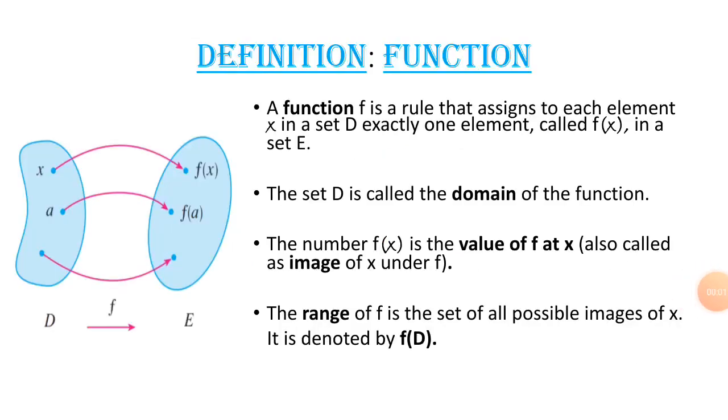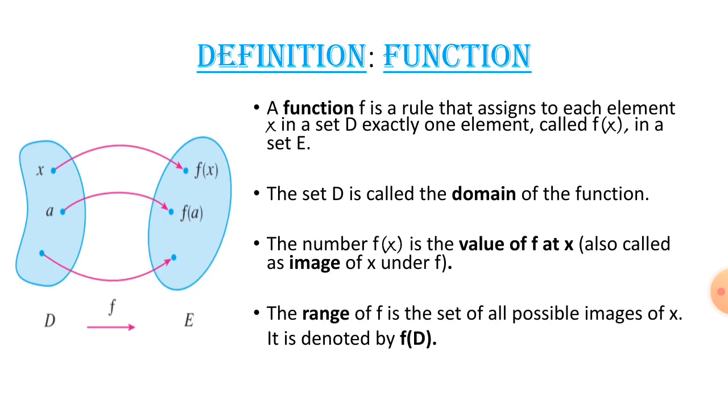Let us see the definition of a function. To define a function, we need two non-empty sets. Let D and E be two non-empty sets. A function f is a rule that assigns to each element x in the set D exactly one element called f of x in the set E. Here, the set D is called the domain of the function.